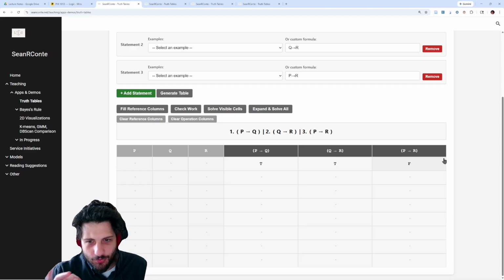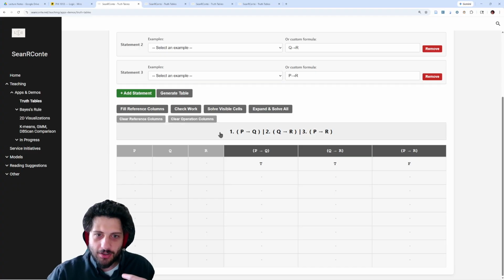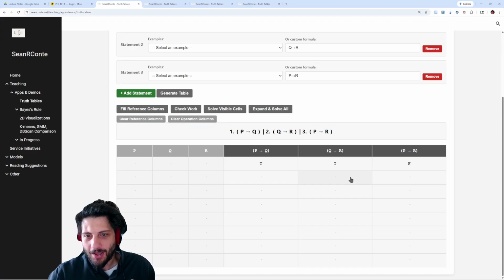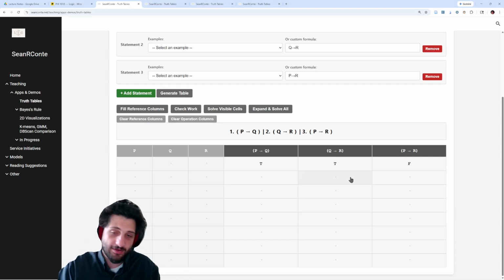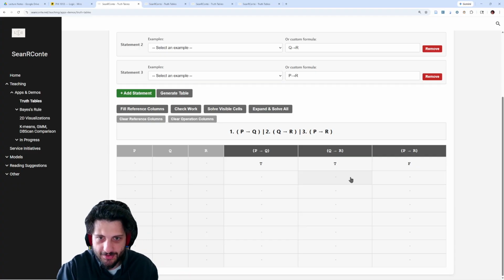The reason why you might not want to do that is generally, when you're asked to do indirect truth tables, your instructor is motivating you to do the indirect truth table by making it super long.